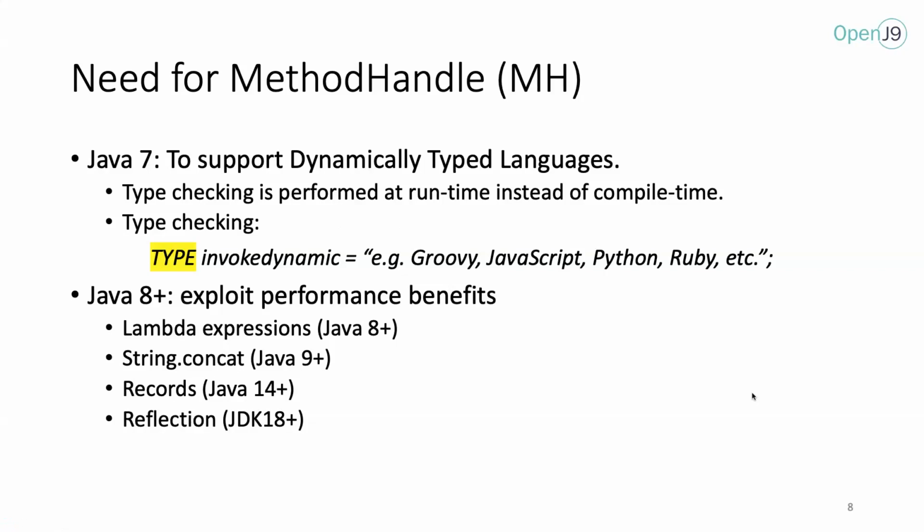Starting from Java 8 and up, there have been more and more uses of MethodHandle to either re-implement or introduce new components, such as lambda expressions in Java 8, string concat in Java 9, records in Java 14, and reflection in Java 18 that I mentioned earlier.